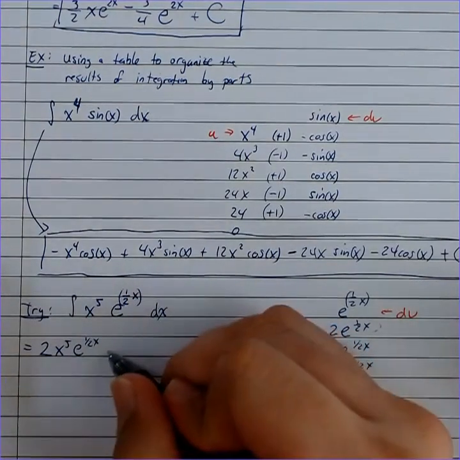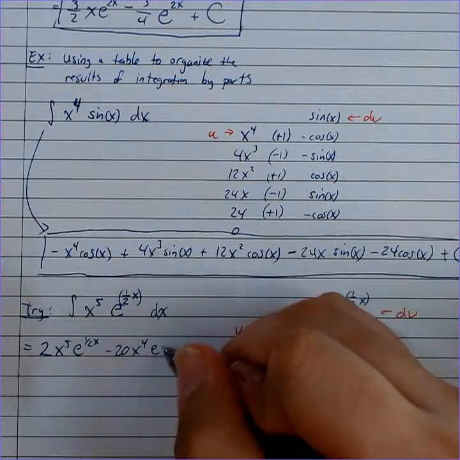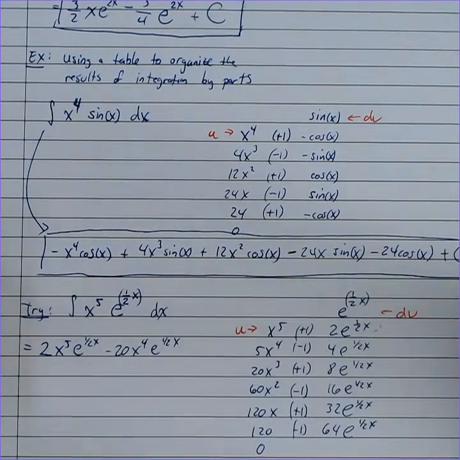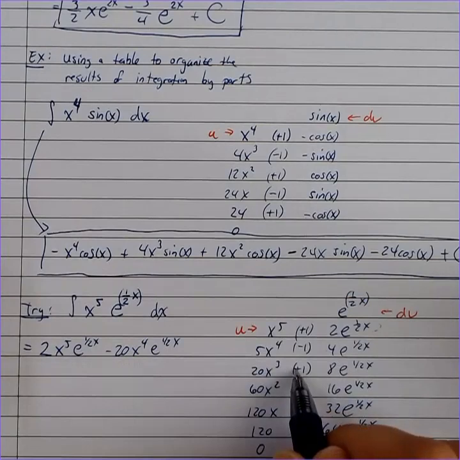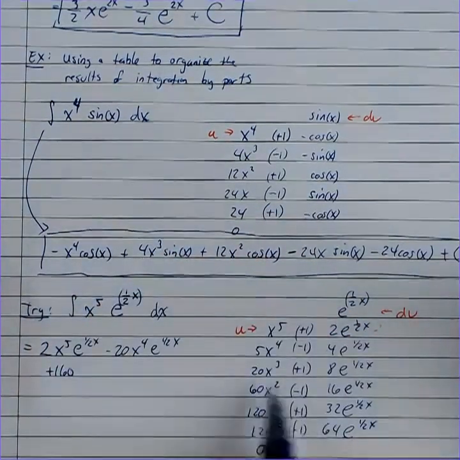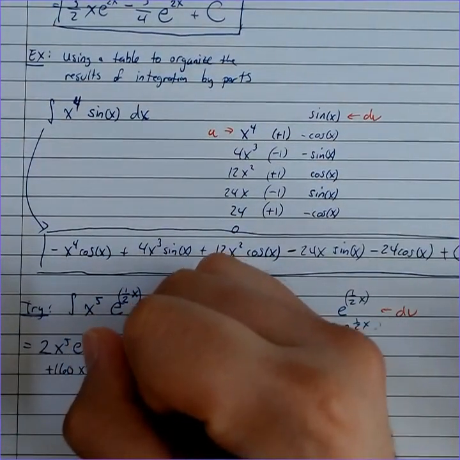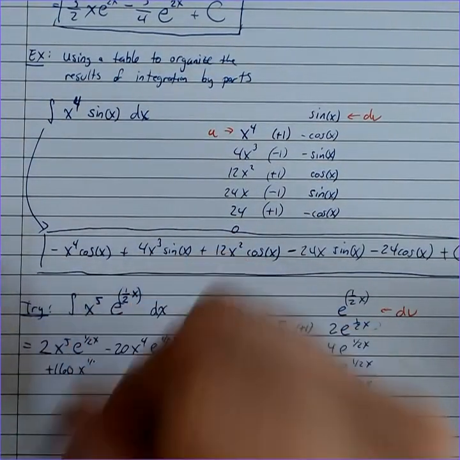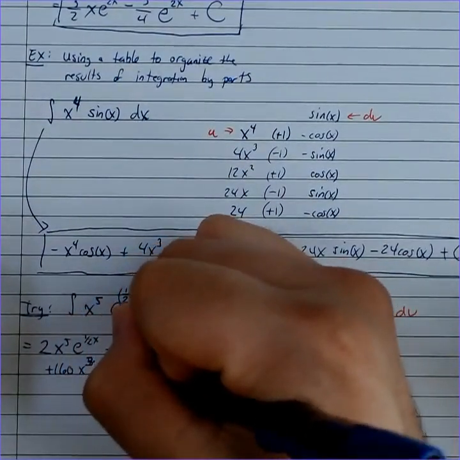So minus 20 x to the fourth e to the 1/2 x. And then here, same thing. That's going to be plus 160 x to the third e to the 1/2 x.